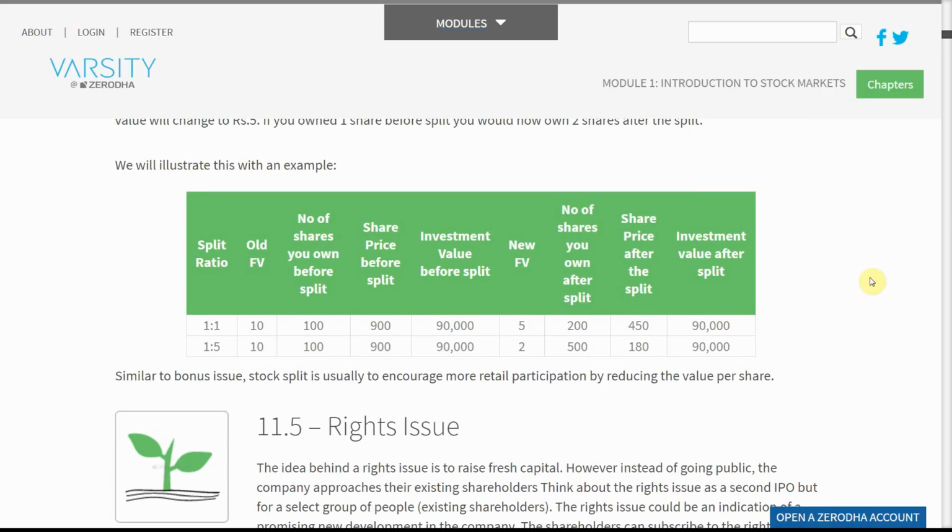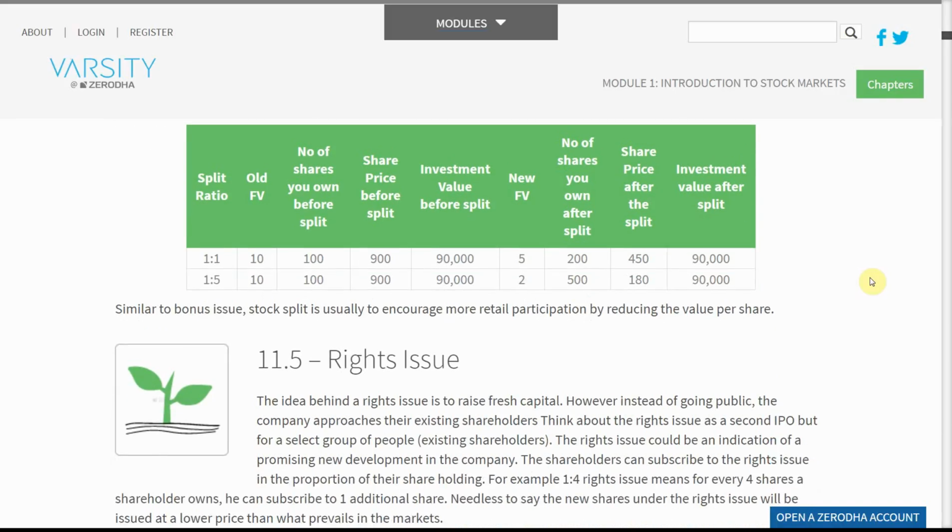Similar to bonus issue, stock split is usually to encourage more retail participation by reducing the value per share.